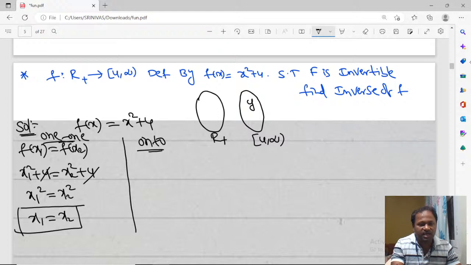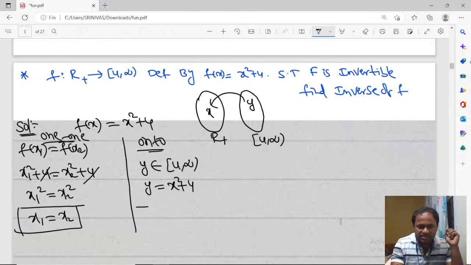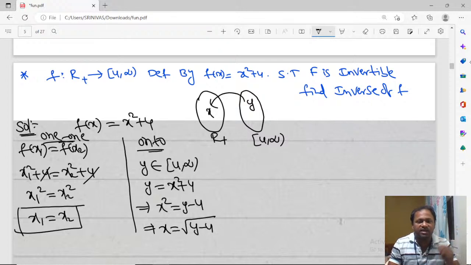Onto: the domain is R plus, and the codomain is the closed interval [4, ∞). I will take one element in the codomain, y belongs to [4, ∞). So the element will be in the form of x² + 4. Now I need to find x, right? So x² = y − 4, that implies x = √(y−4).